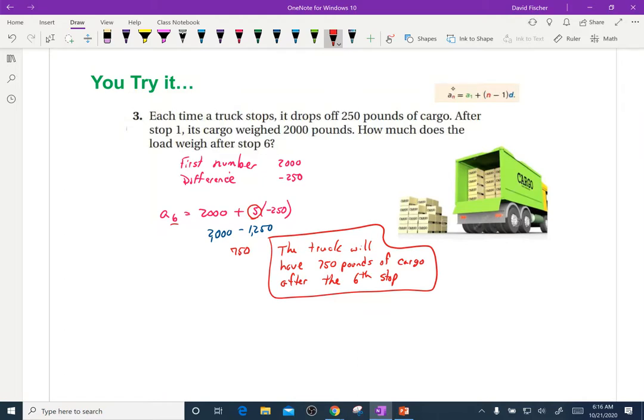The number that you get has to be less than, because you're dropping off 250 pounds every load. And so if you didn't use the minus 250, which happens often, well, then that doesn't make a reasonable answer. And your sixth delivery, you have more weight than you started with. So something's awry. Okay? All right.